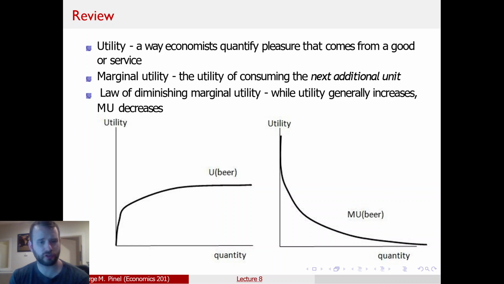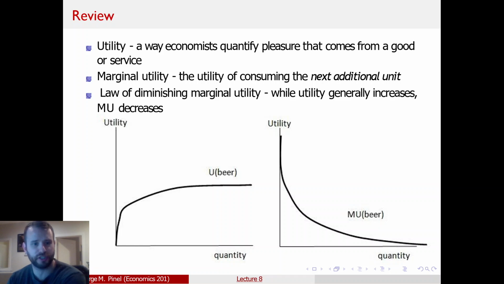And then marginal utility would be the extra utility you get once you've consumed the next additional unit of a good. So if your first apple is X, your second apple is Y, and your third apple is Z, X plus Y plus Z is your total utility for 3 apples, but your marginal utility will be Y for the second apple and Z for the third apple.